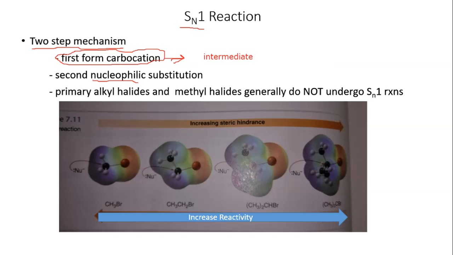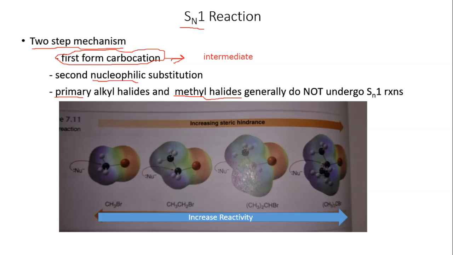Now, for sure, primary and methyl halides do not undergo SN1 reactions. And the reason is because these generally do not form stable carbocations. So primary alkyl halides and methyl halides generally do not undergo SN1.